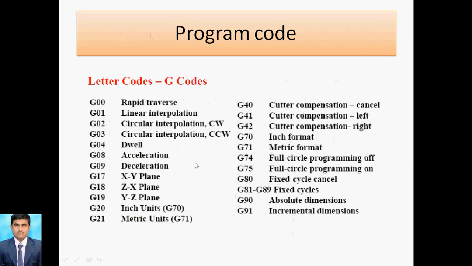Now we move to the next, that is called the program code. That program code G code is there, that's why it is called the preparatory code. So this is the chart here. G00 is called rapid traverse, G01 is linear interpolation, G02 circular interpolation, and G03 is circular interpolation CCW.